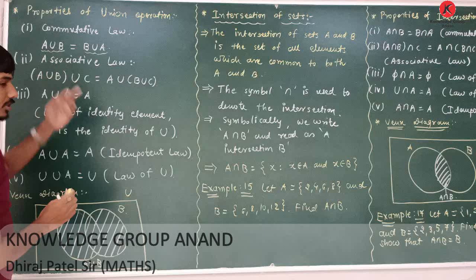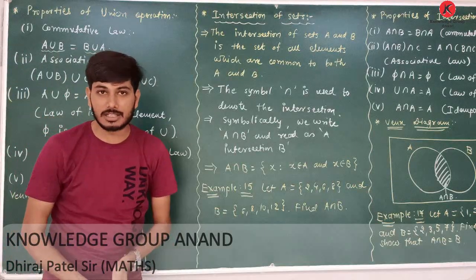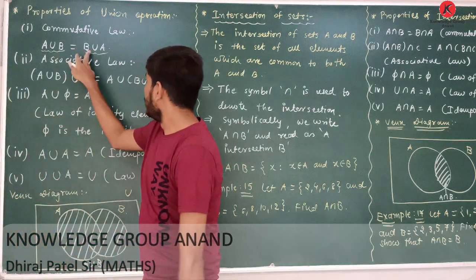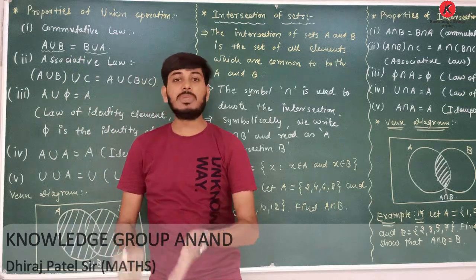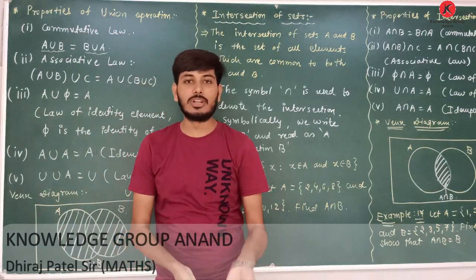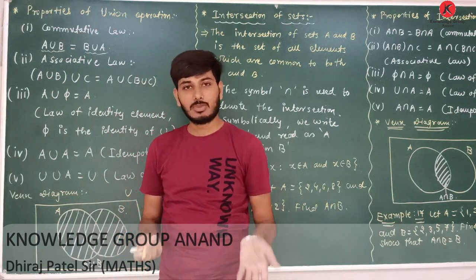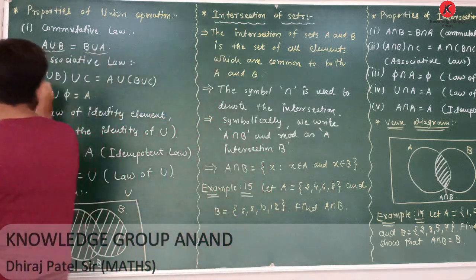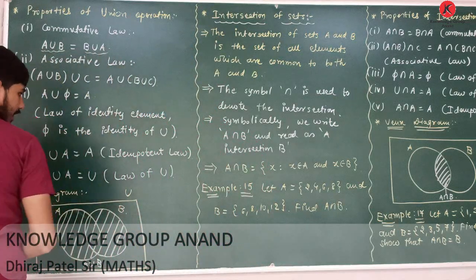In A union B, all the elements of set A and B are in there. Then in B union A, all the elements of set B and A are in there. Therefore, A union B equals B union A. Both are equal. Next one, associative law.